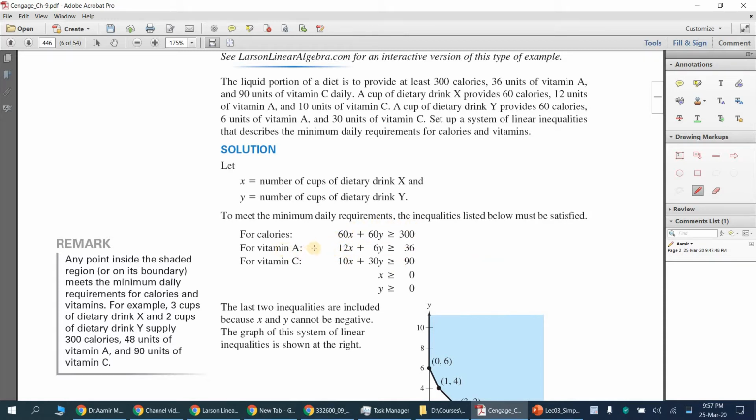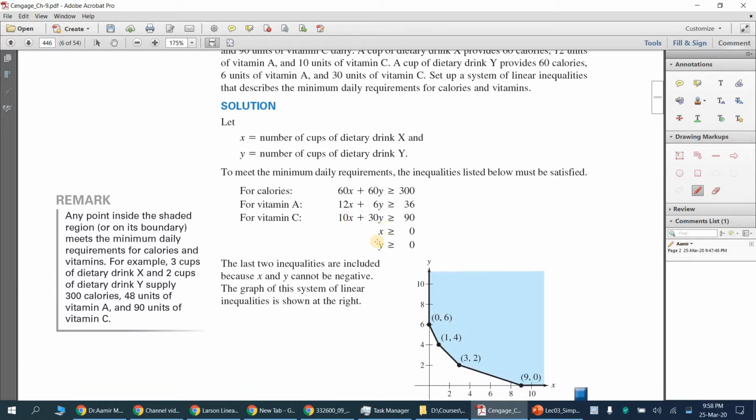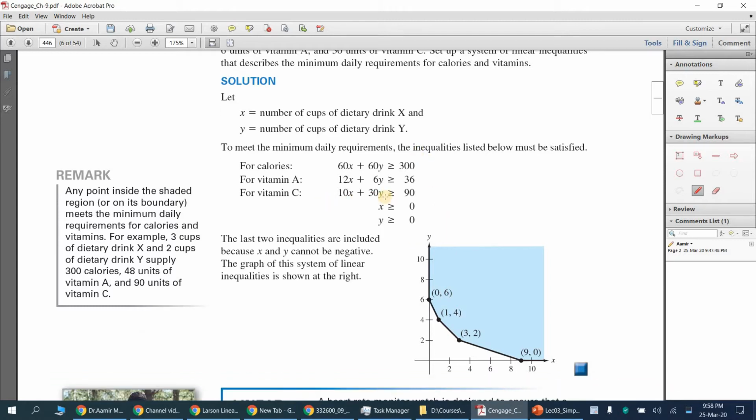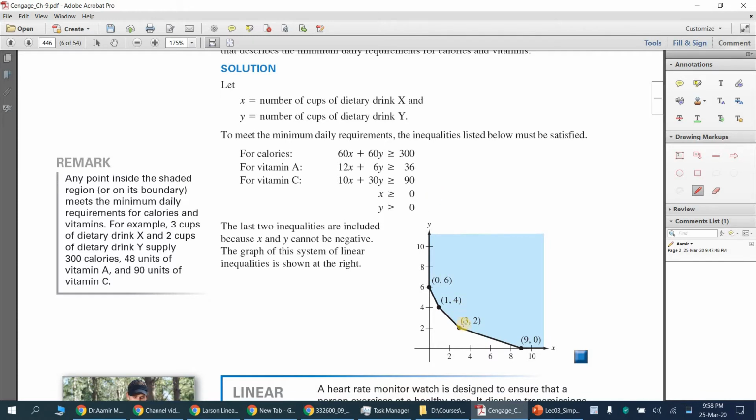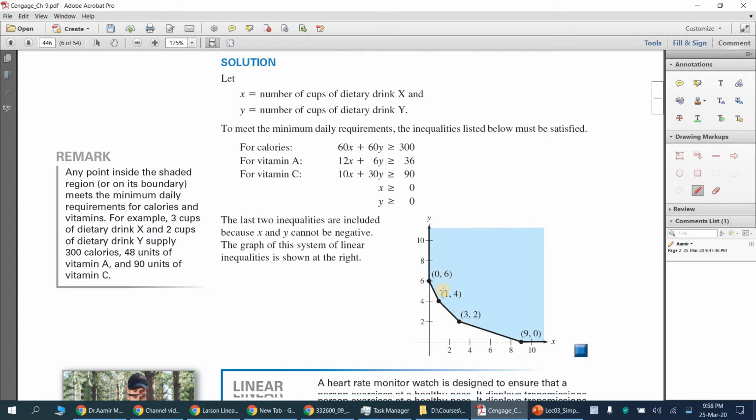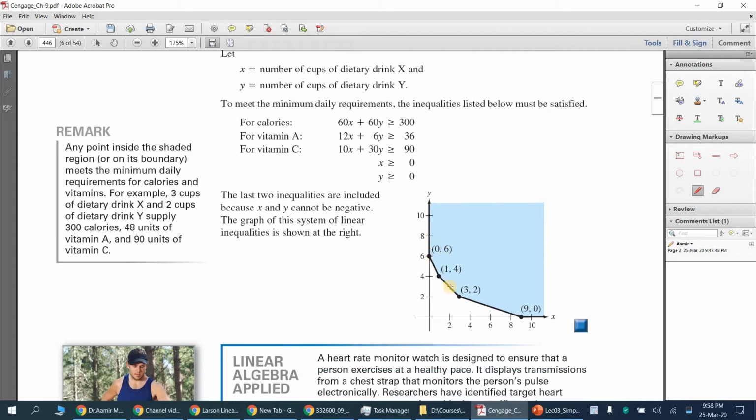Similarly, you have another equation for vitamin A, which is 12x plus 6y, greater than or equal to 36. Keep going like this, and then you make the complete set of equations. Remember, you always put the two equations for non-negativity constraints.